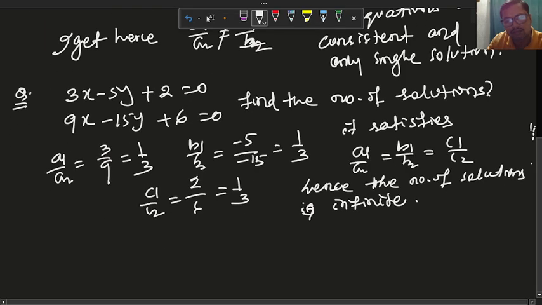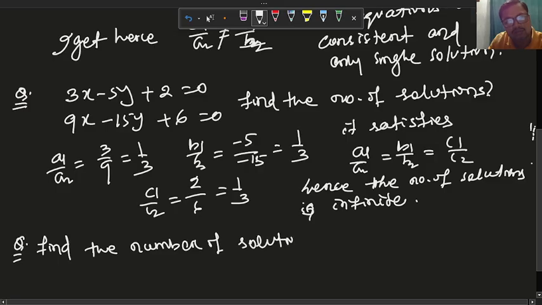Another question. This question is homework for you. Find the number of solutions of these two equations.